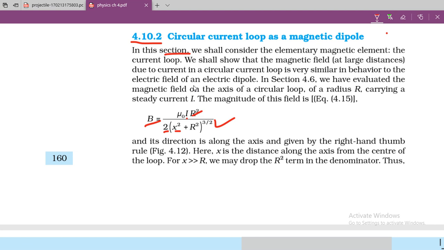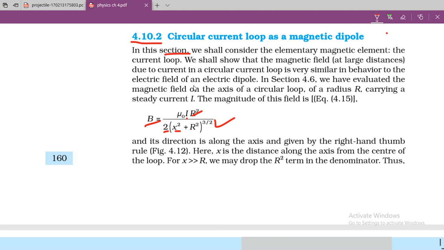Its direction is along the axis and is given by the right hand thumb rule. You know that the magnetic field is a vector quantity, so the direction of this magnetic field is along the axis of the current loop, given by the right hand thumb rule. Here x is the distance along the axis from the center of the loop.